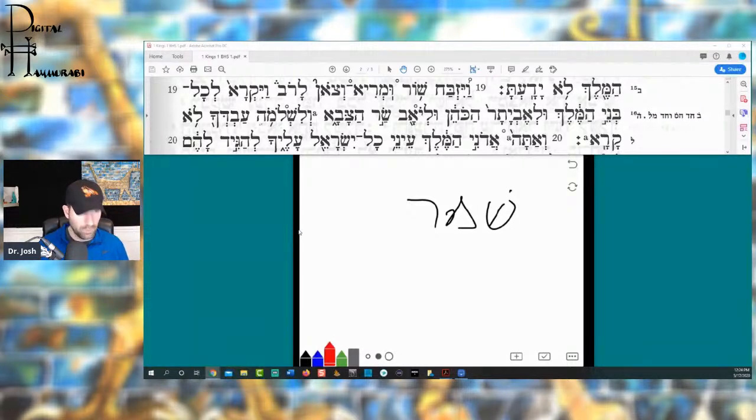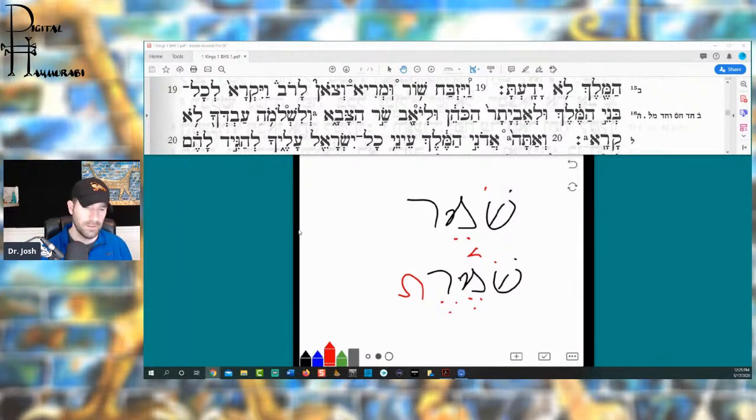Okay, good question. All right, so the participle. We learned last week that shomer, with this cholam and sere, are the vowels for the kal active participle or the pa'al active participle. So shomer is the masculine singular. Feminine, shomeret.